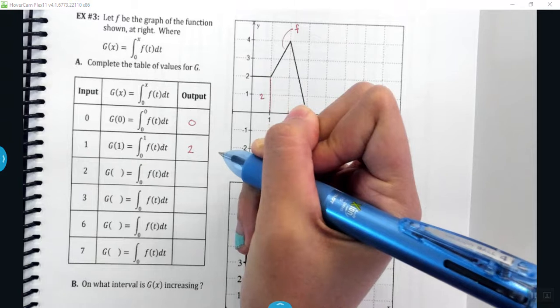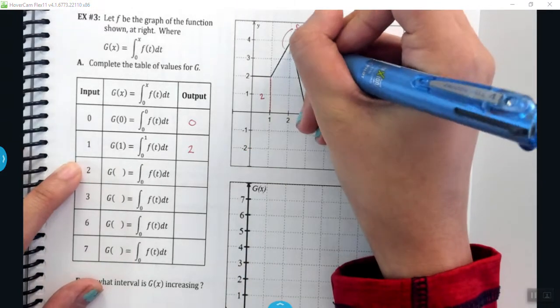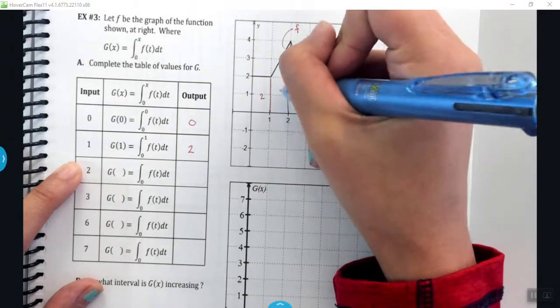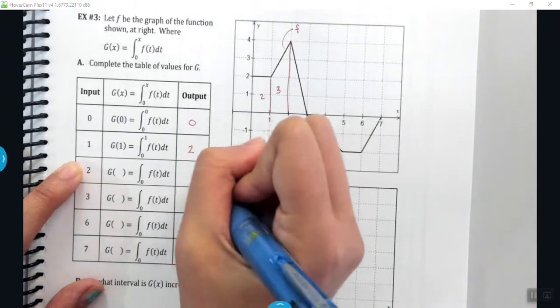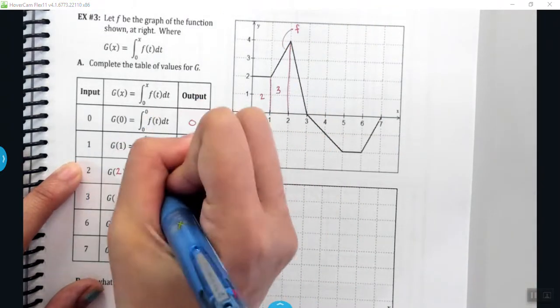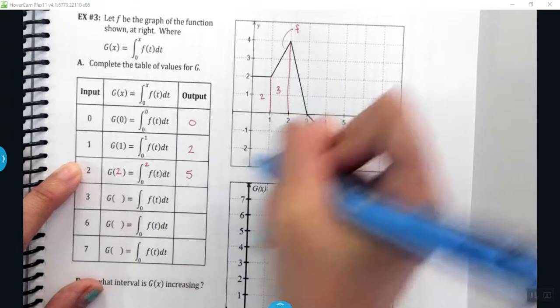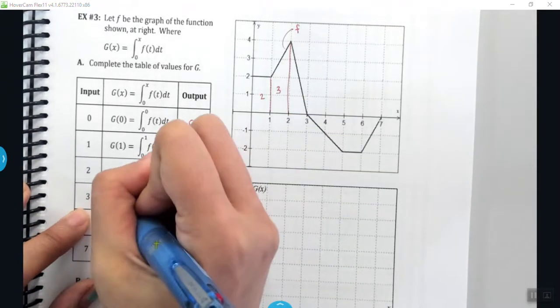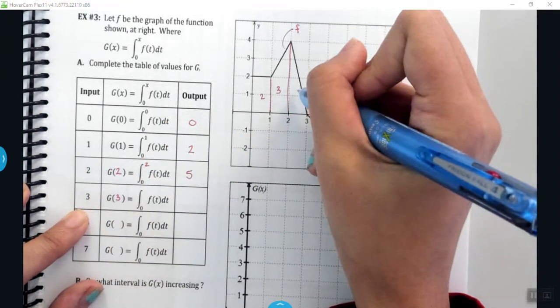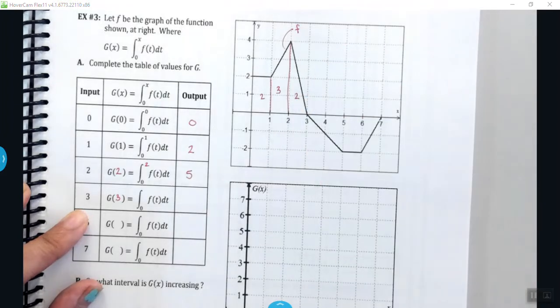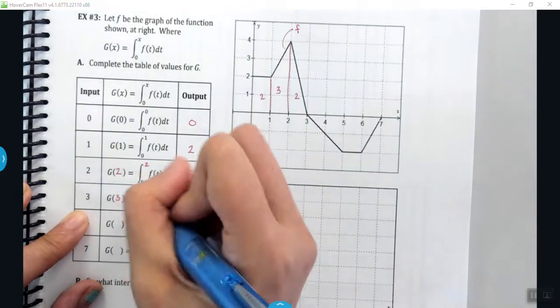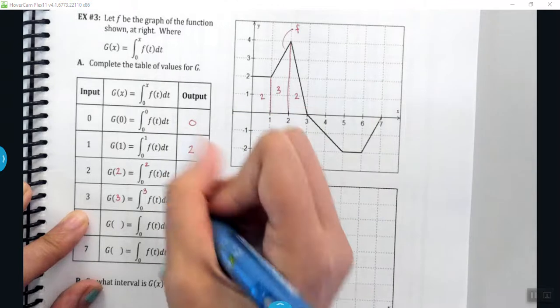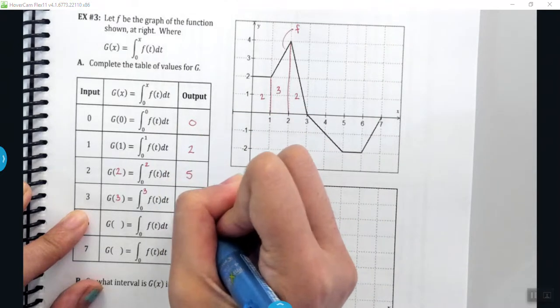If I plug in 2, what's the integral from 0 to 2? This is 3, so this will be 5. Okay, from 2 to 3 is 1, 2, right? So the integral from 0 to 3 would be 7 now, right?